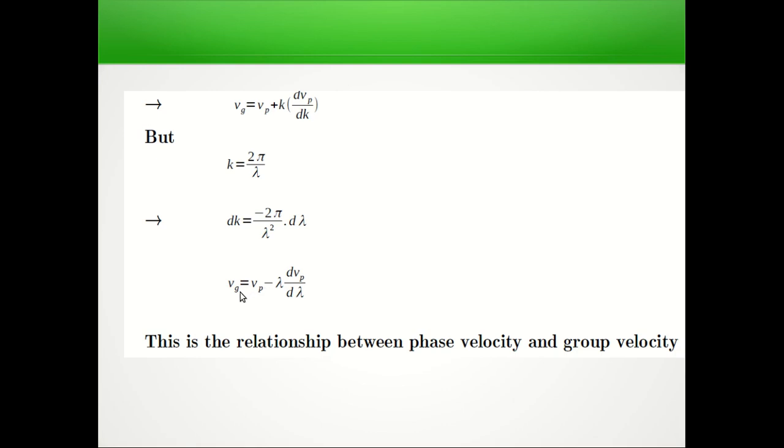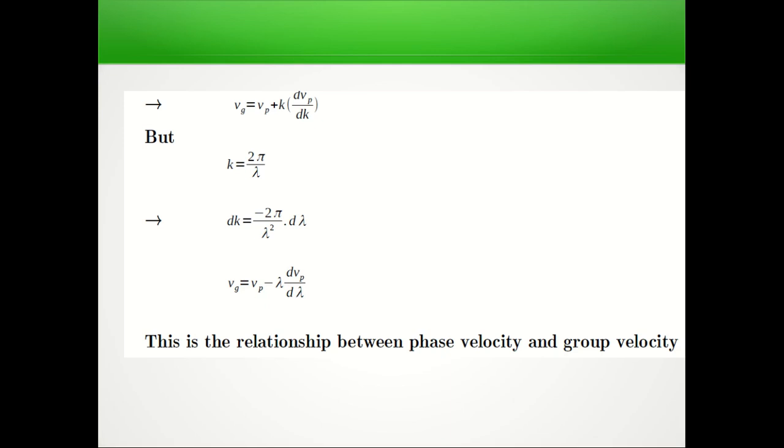Such a medium for which group velocity is greater than the phase velocity is known as the anomalous dispersion medium.